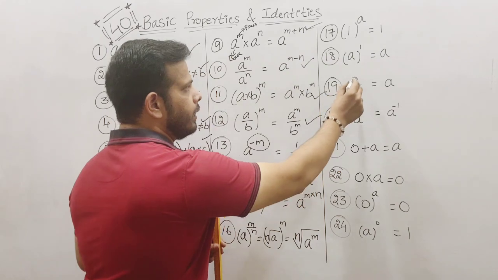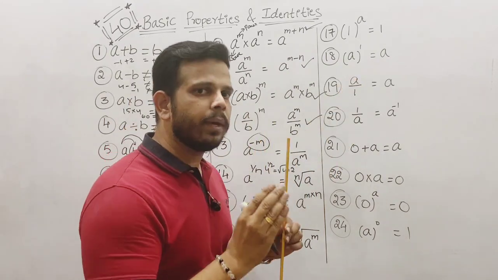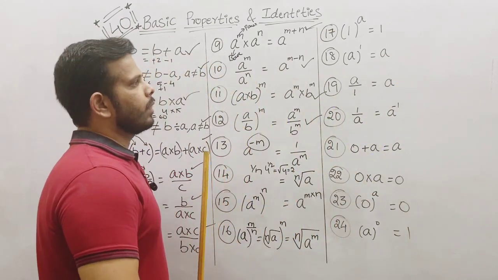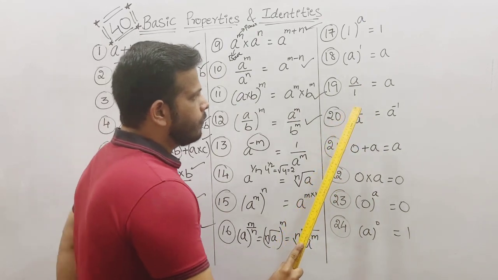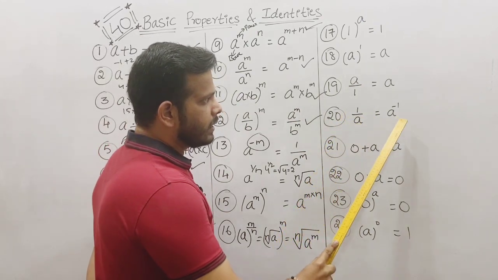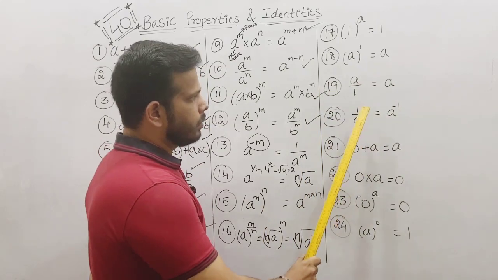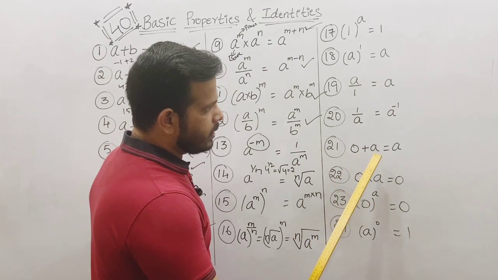A by 1: if you are dividing any number with 1, then the result will be a. 1 by a: dividing 1 with a will result in a power minus 1. It is like a reciprocal.